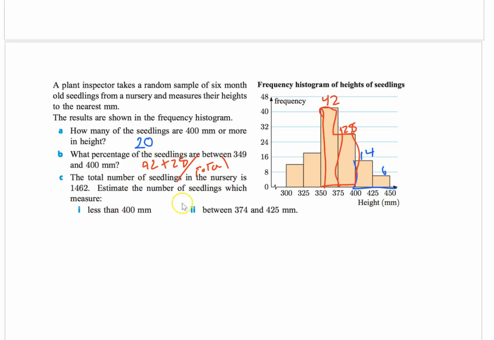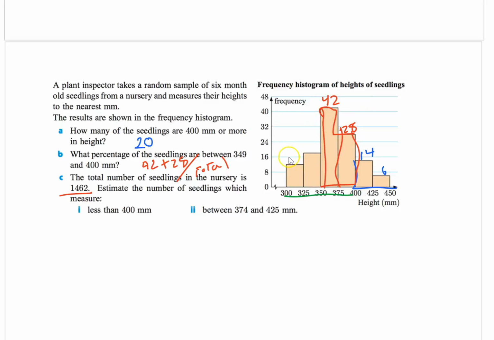Then look at these last two right here. The total number of seedlings in the nursery is 1462. That's not this, because remember we took a random sample, so this is just a random sample. It's not going to be 1462 up here. But they're saying the total number is 1462. Estimate the number of seedlings for which the measurement is less than 400. Less than is kind of like a combination of the last one. Less than 400 is all this. So you add up all those numbers there.